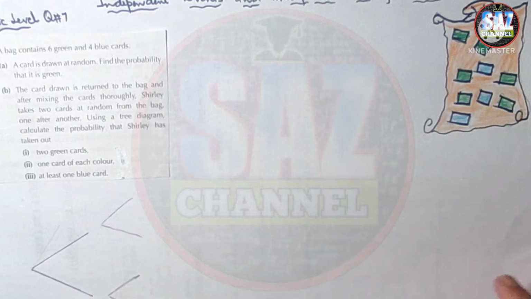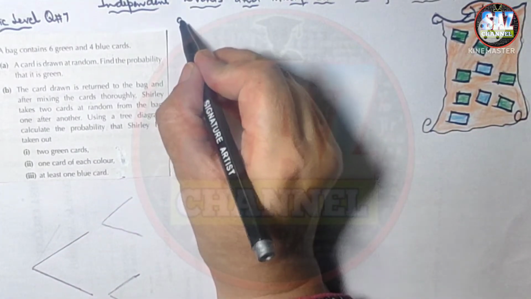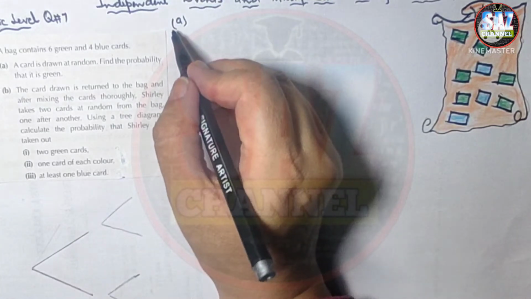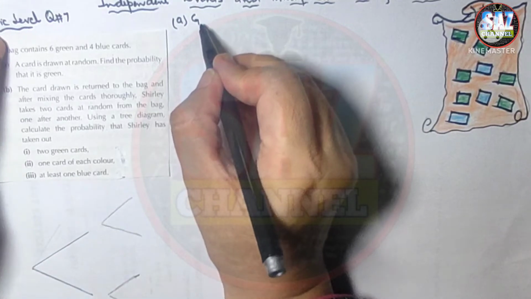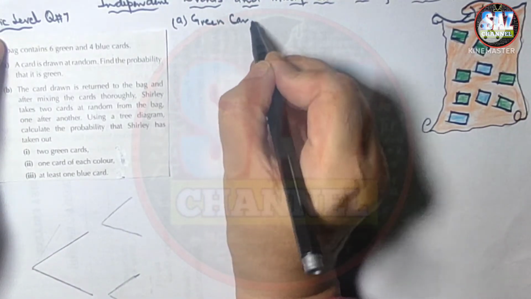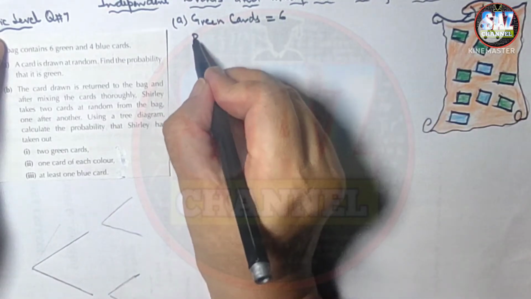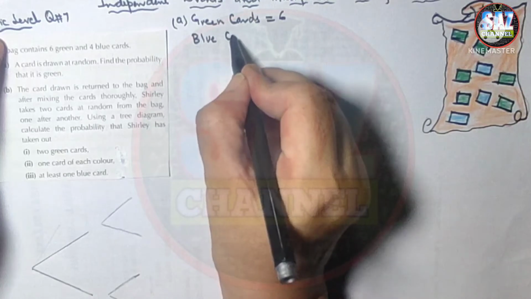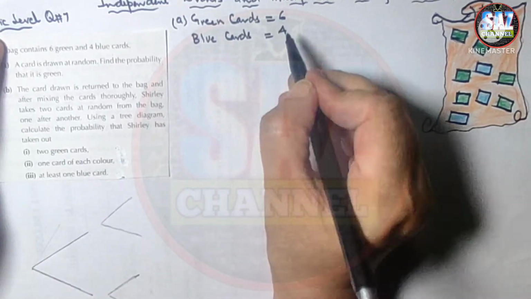So for part A, green cards are 6, and blue cards, how many are they, students? They are 4, and total cards.